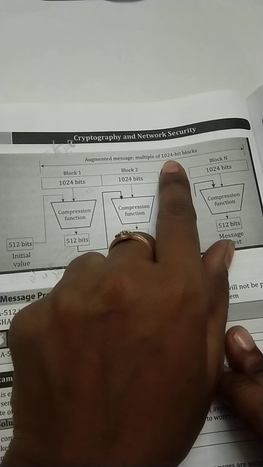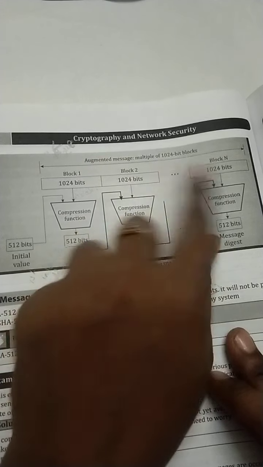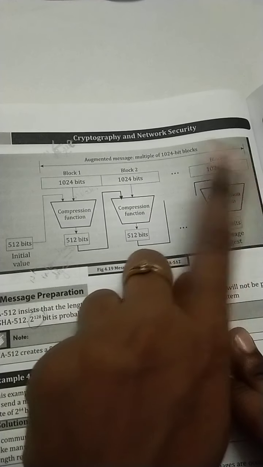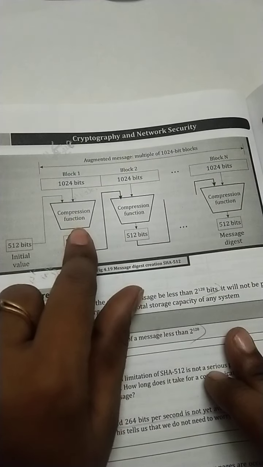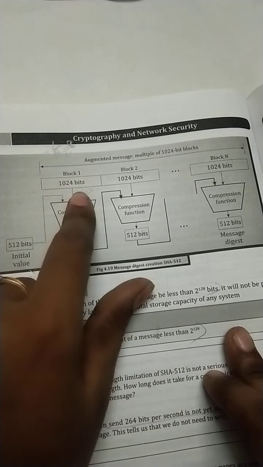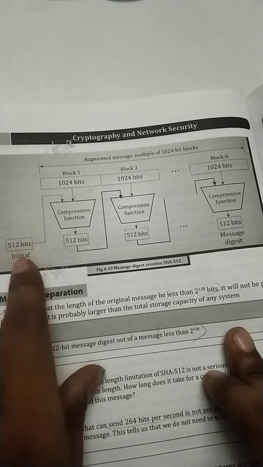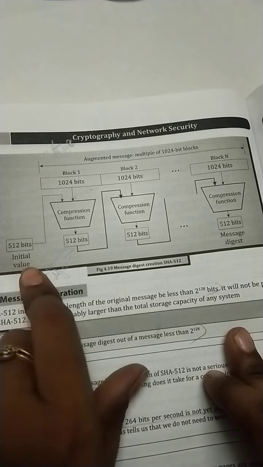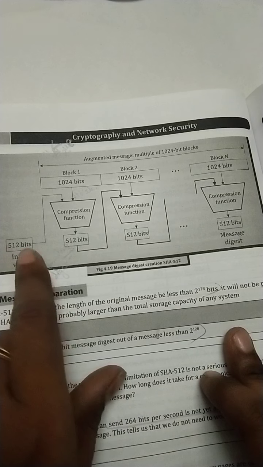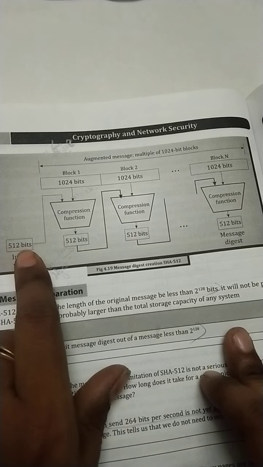So this is the basic structure of message digest creation in SHA-512. There will be a message made of multiple 1024-bit blocks, divided into n blocks. That is given to the compression function. The first block is given to the compression function along with one predetermined intermediate value, which is also 512 bits.